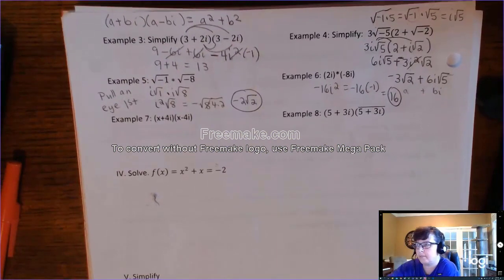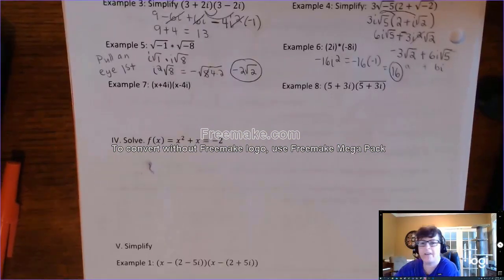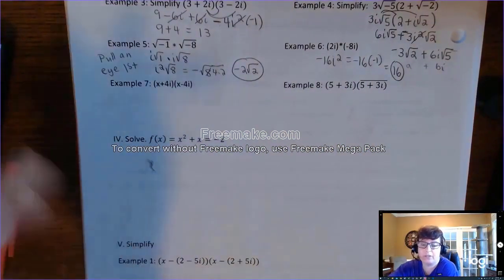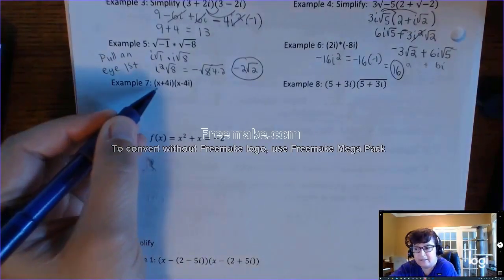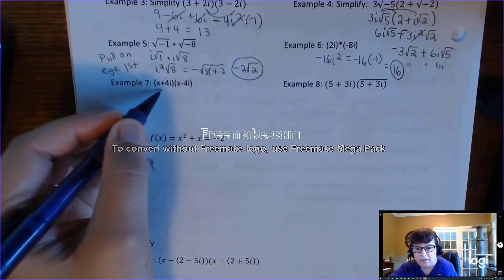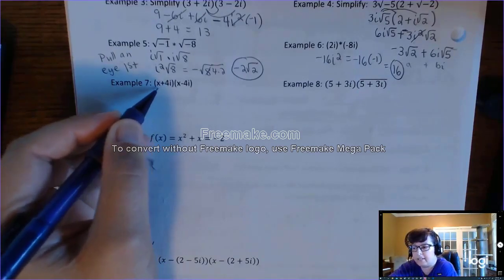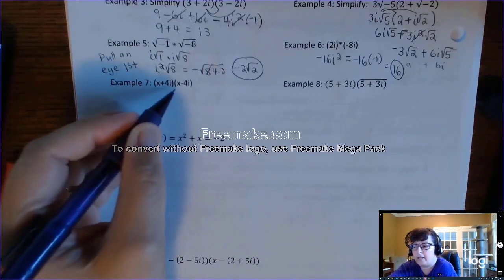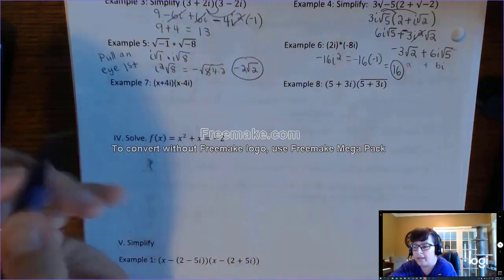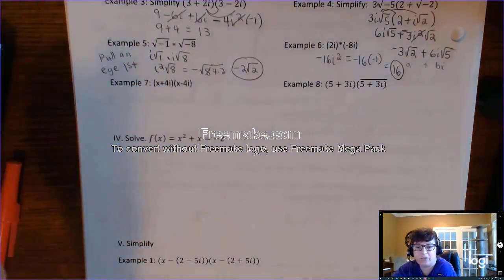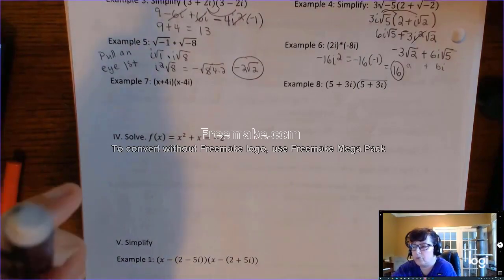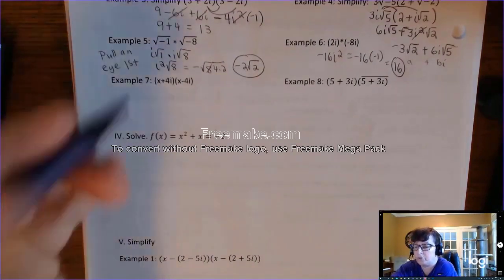Okay, next example. We have a couple of factors. I'm going to call them factors. Do you see the x? That makes that a factor. Anything with an x minus in it, and this would be x minus a negative 4i and x minus a positive 4i. Those are factors, and you can multiply those two factors together. You would double distribute or FOIL.